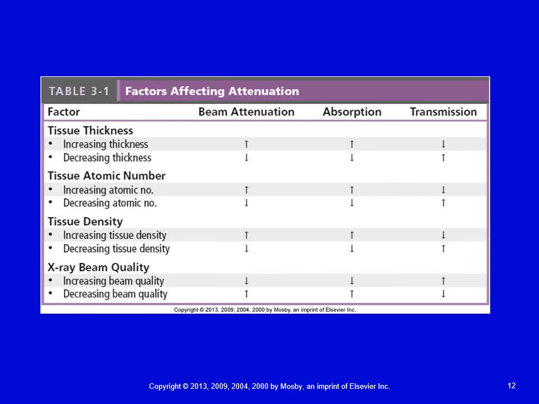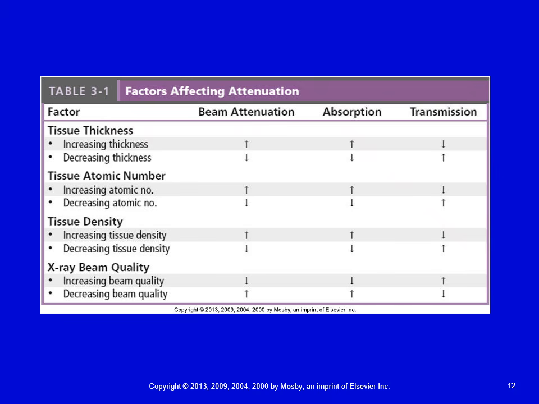With tissue atomic number, there is an increase in atomic number versus a decrease in atomic number. What I want you to attach with increased atomic number is the tissue bone. And what I want you to attach with decreased atomic number is an air-filled organ.